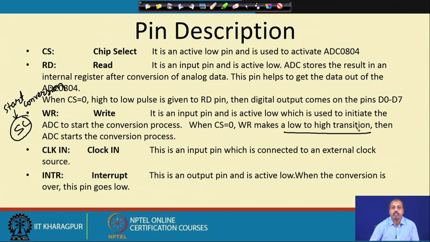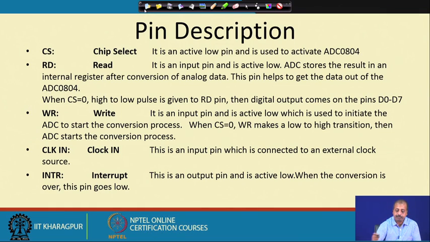The analog line will continually change its value because it is coming from the environment, and the microcontroller may not be interested in getting all those converted values. So, whenever it feels that it should get the corresponding digital output, it should set this start conversion signal or the write signal and give a low to high transition on that with CS equal to 0. Then the ADC conversion process will start.